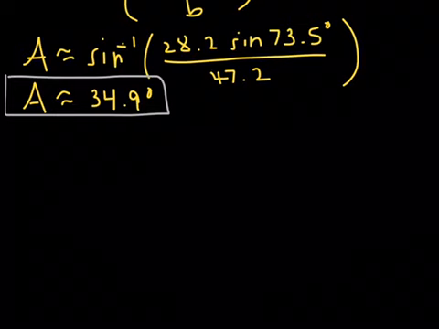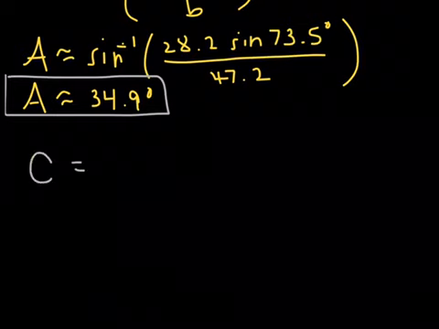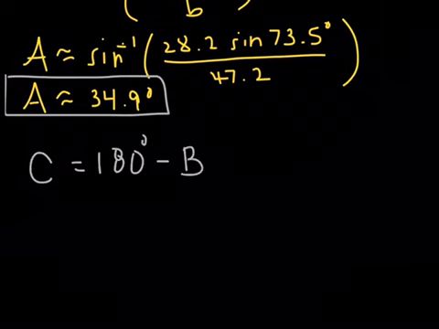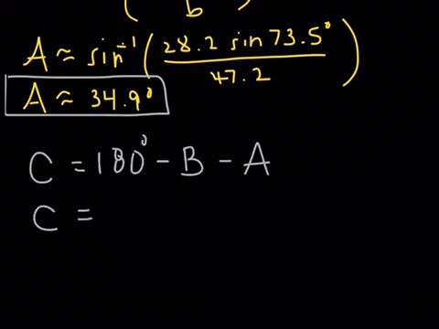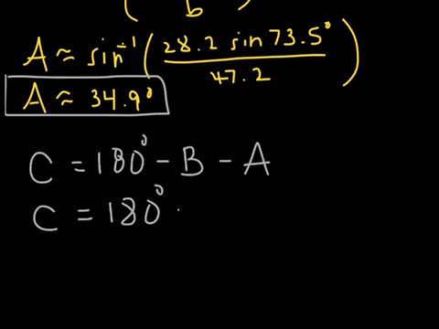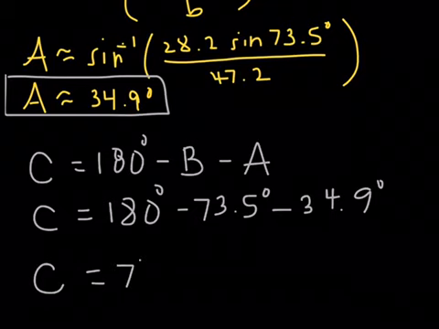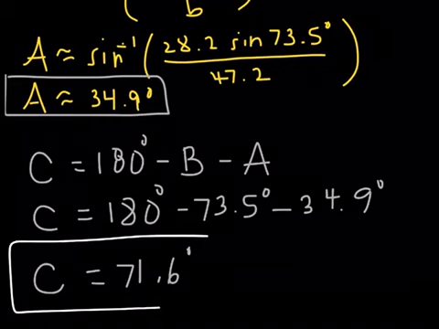So angle C, the remaining angle, would be 180 degrees minus given angle B minus derived angle A. So angle C is 180 degrees minus 73.5 degrees, that's B, minus 34.9 degrees, which is 71.6 degrees. Pretty cool, right? We solved this triangle.